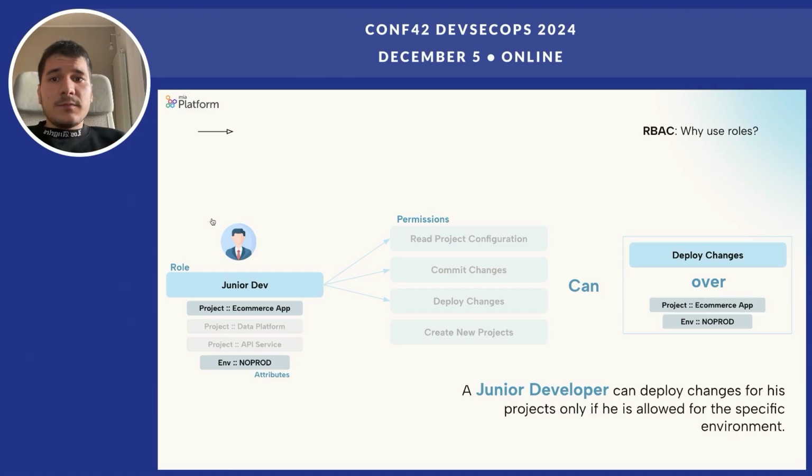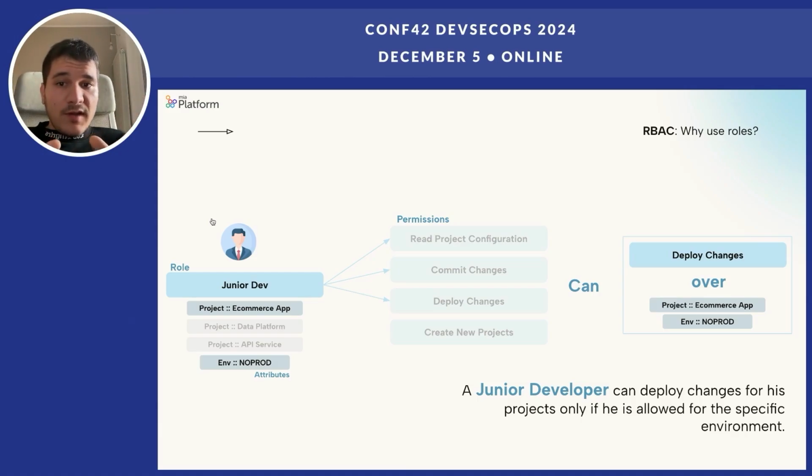In this case, if we want to give a specific junior developer the ability to deploy changes, but only to the dev environment, for example, for the projects they are assigned to, a purely RBAC approach wouldn't allow us to do that. However, with this hybrid approach, we can assign the environment attribute to the user.